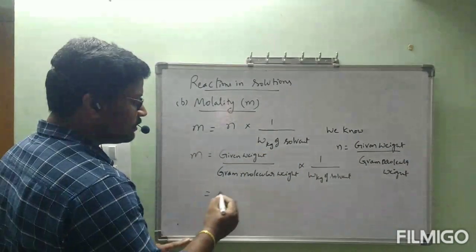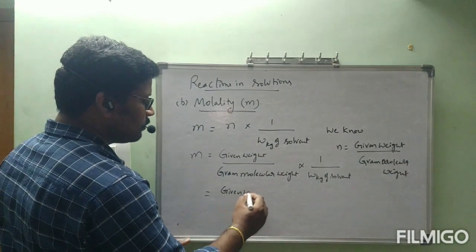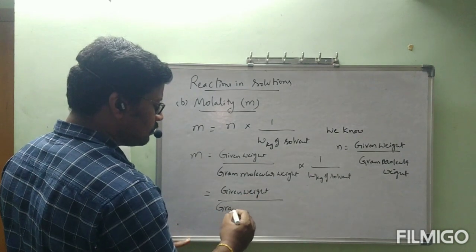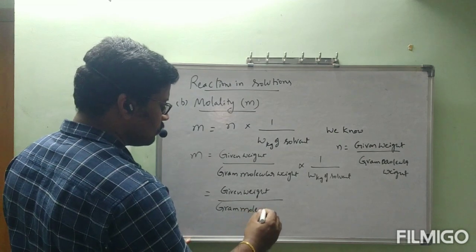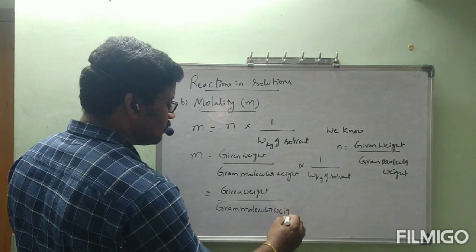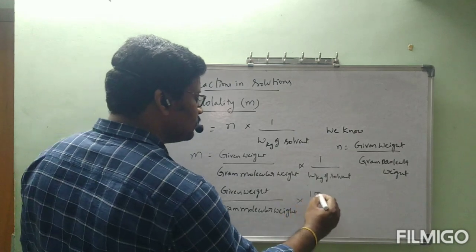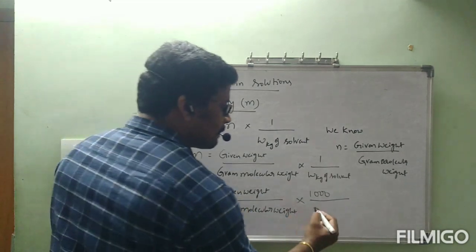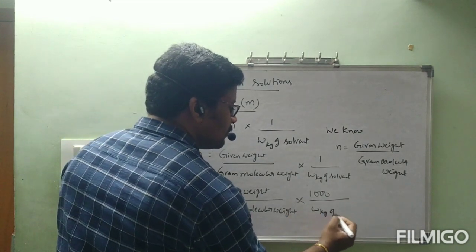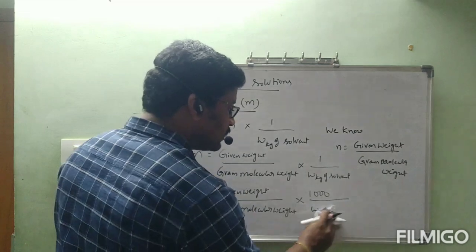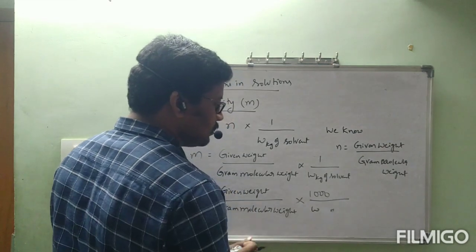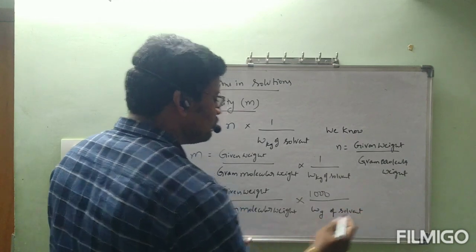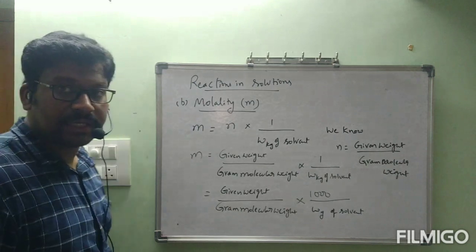Let us see: given weight by gram molecular weight into 1000 divided by W grams of solvent. Please observe carefully while you are writing down also.